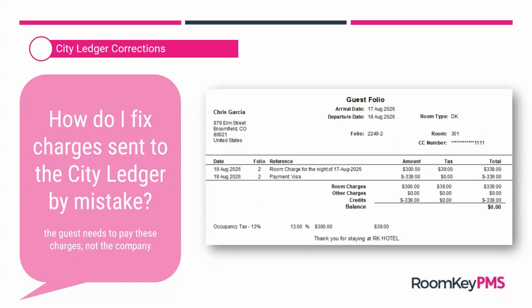So this is what that revised or fixed guest folio would look like. Like I said, we've got the room charge, and I added in that reference information for a specific night. So for the night of the 17th, even though this is being posted on the 19th. And then of course there's that Visa payment using the guest credit card on file ending in 1111.